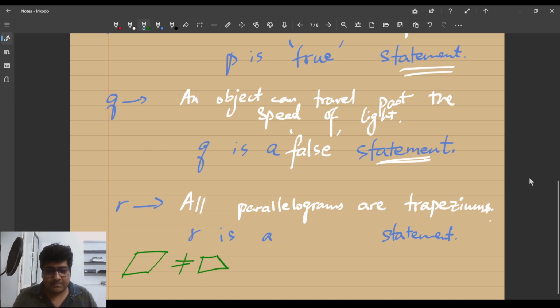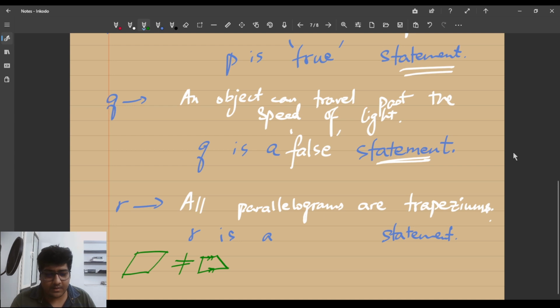So for that, we need to look at what's the definition of a trapezium. Well, the definition says that the opposite sides are parallel. So this is the parallel side. And that's just it. It's a quadrilateral where the opposite sides are parallel. In mathematics, what is written down is what you have to consider.